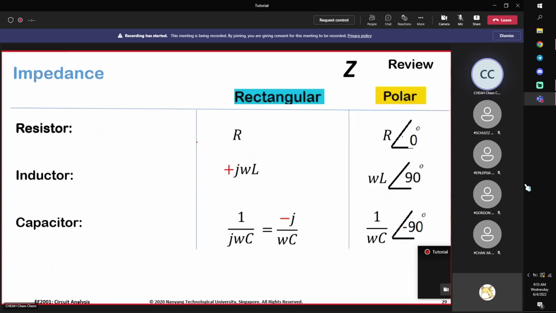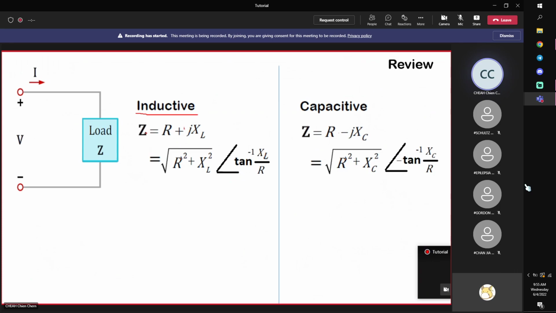We call it inductive because we know that an inductor has a positive reactance, while a capacitor has a negative reactance. It is not really only inductors, it is just dominated by the inductive property. For example, a very simple example: suppose that I have an inductor of j5.